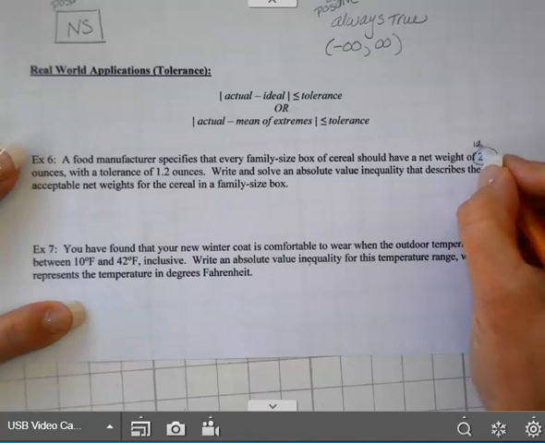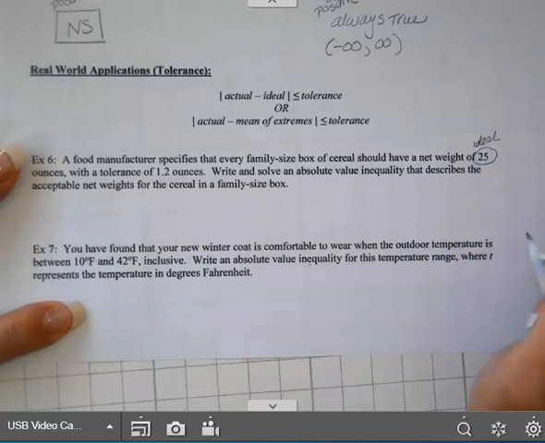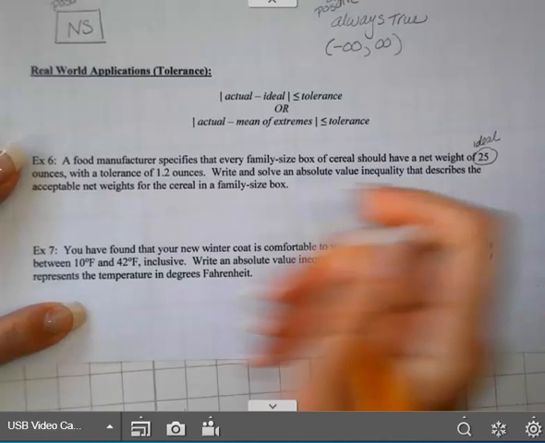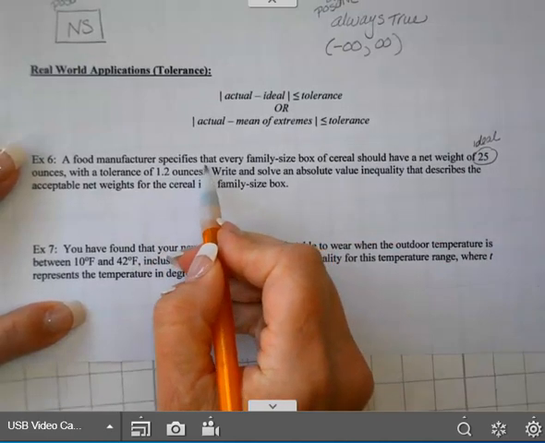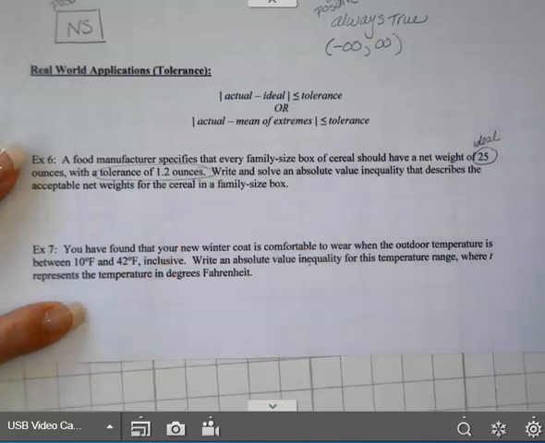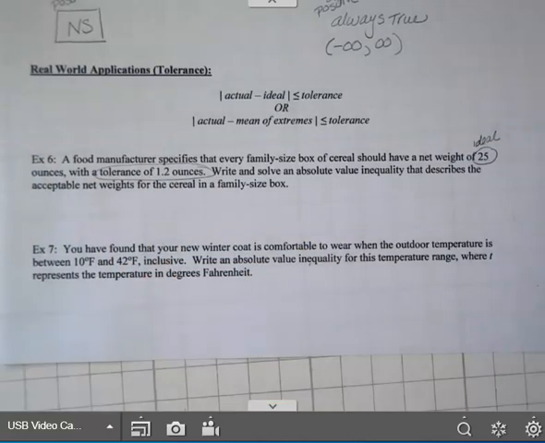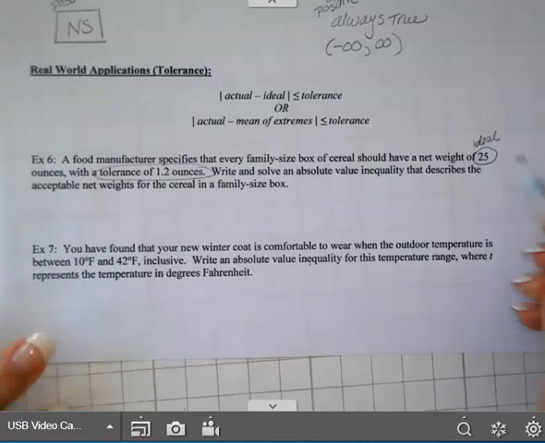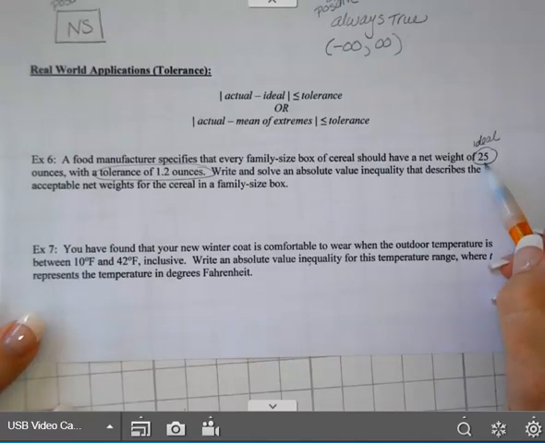This is our ideal or our mean, with a tolerance of 1.25 ounces. If I buy a box of cereal that's supposed to have 25 ounces of cereal and I get 30 ounces, I'm going to be very excited because I got a really good deal. However, if I open my box and it only has 15 ounces of cereal when it was supposed to be 25 ounces I paid for, I'm going to be mad and think I got ripped off.